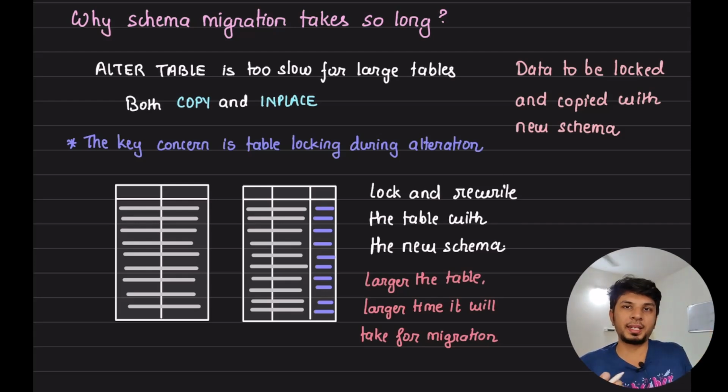So that impacts the performance and the overall throughput of your database. But most importantly, it would lead to a long time for your migration to complete. In most cases, you would see people preferring in place over copy, but there is even a third strategy to run that migration that we'll take a look at in some time.